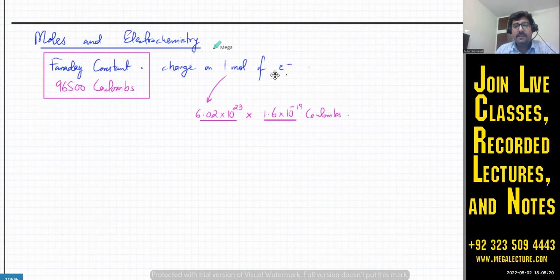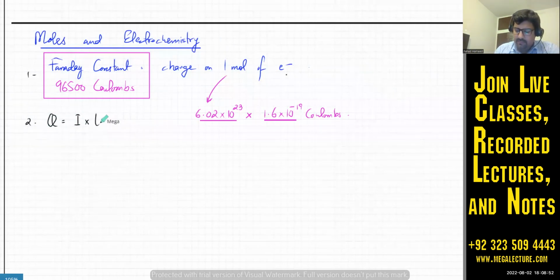There's this additional piece of information that you must have with yourself. Plus there's an equation which you have already studied related to electricity in physics, and that is Q is equal to IT. That's number 1, you must remember that. Number 2 is Q equals current into time.